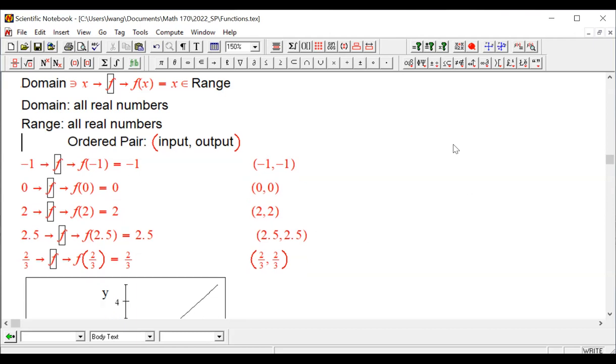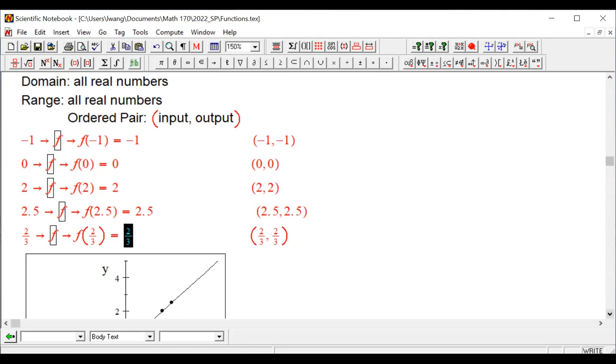So let's plot some points. Input -1, output -1. Input 0, output 0. Input 2, output 2. Input 2.5, output 2.5. Input 2/3, output 2/3, because the output is always the same as the input. We plotted these points.